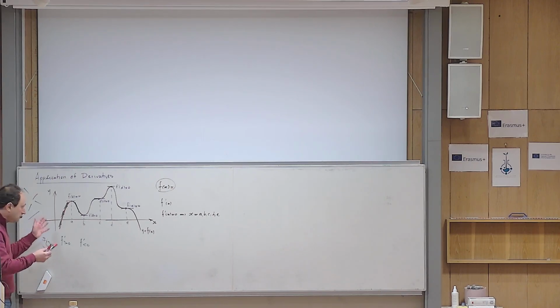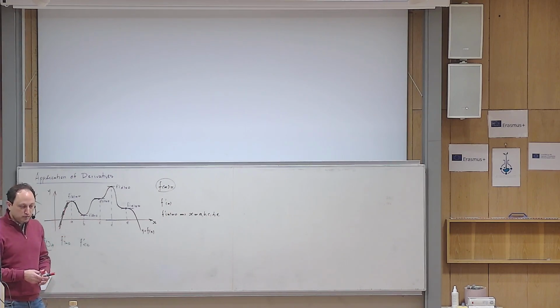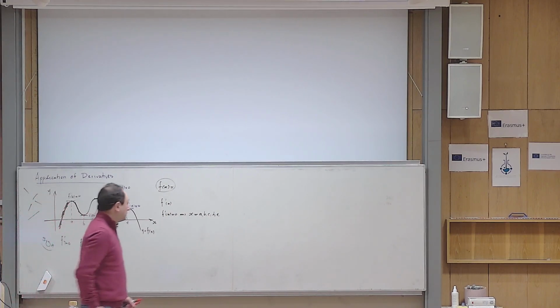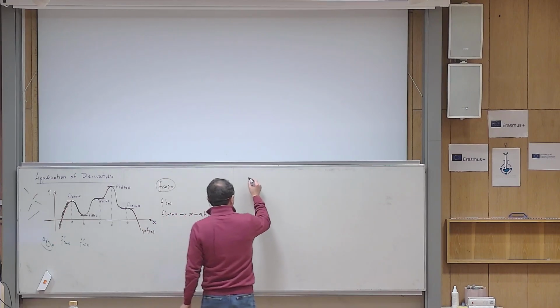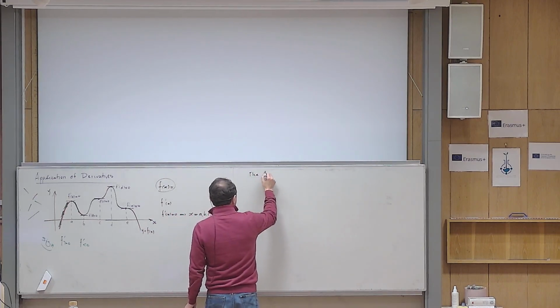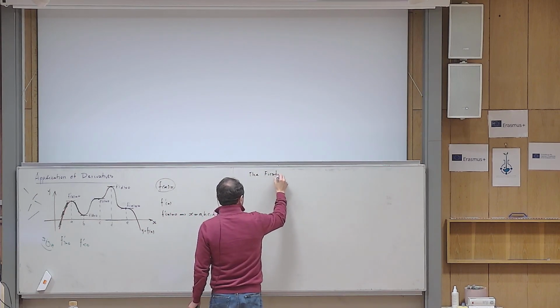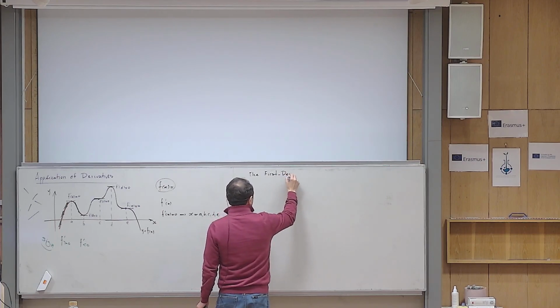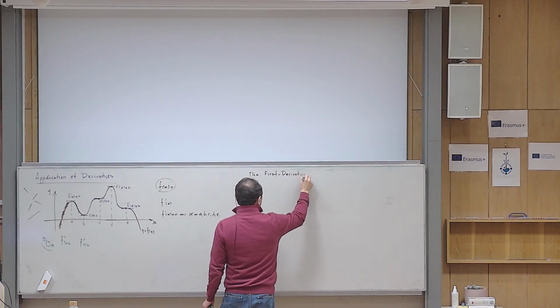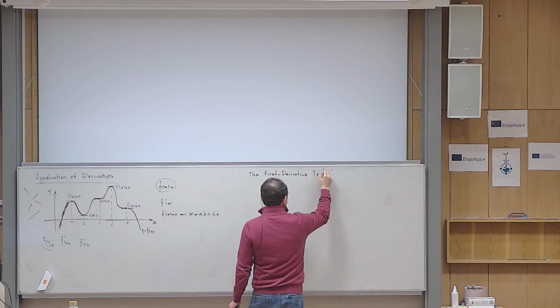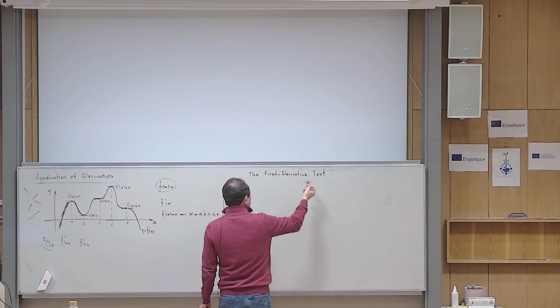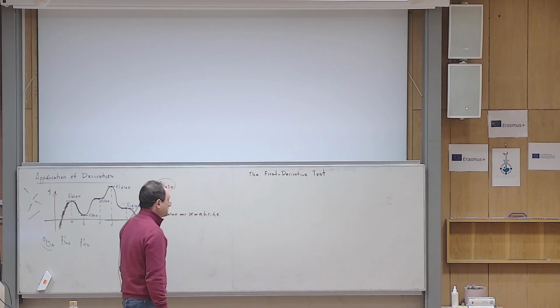So what I want to write now is the algorithm of the first derivative test. We had this before, the first derivative test. Test for what? Test for local extreme points.